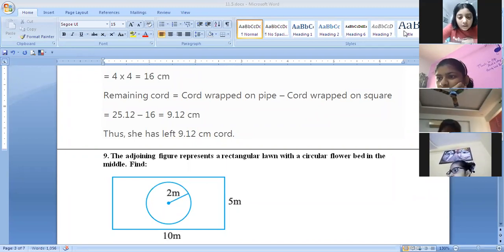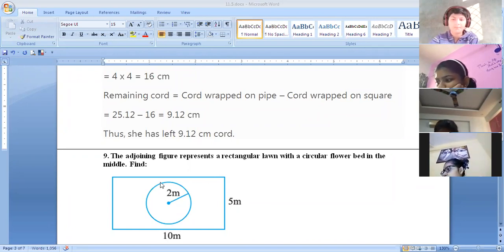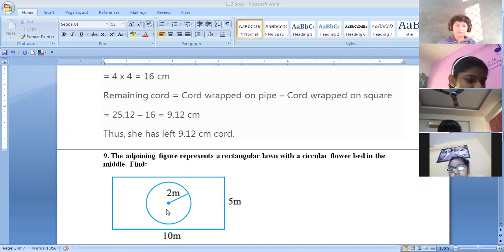The adjoining figure represents a rectangular lawn with a circular flower bed in the middle. So this is a rectangular lawn and in the middle you are having a circular flower bed. Okay.